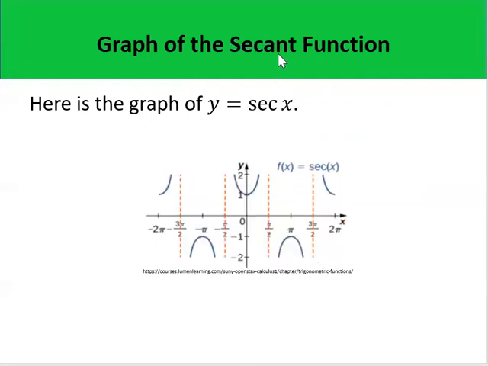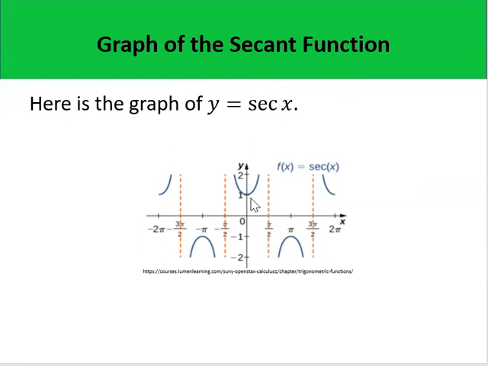Okay, next is the secant function. So here is the graph of y equals secant x. Actually, the graph of secant x is based on the graph of the cosine function, since secant is just the reciprocal of the cosine function.